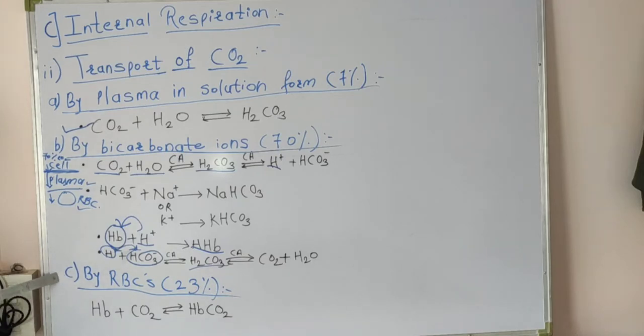Now we will see the third type. It is by RBCs, and here you can see there is 23%. That means 23% of carbon dioxide gets transported in the RBC.